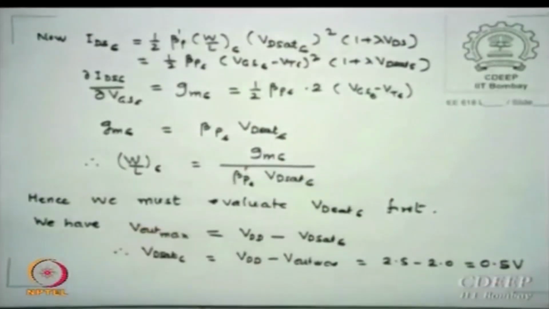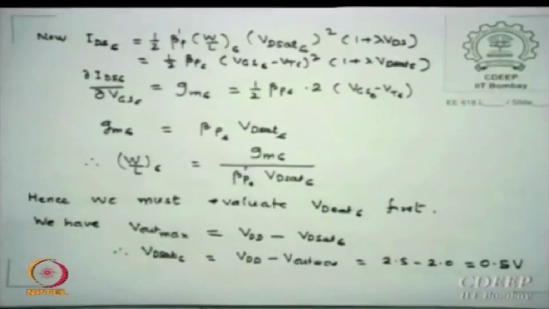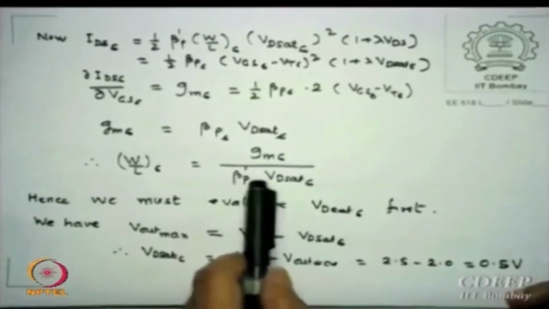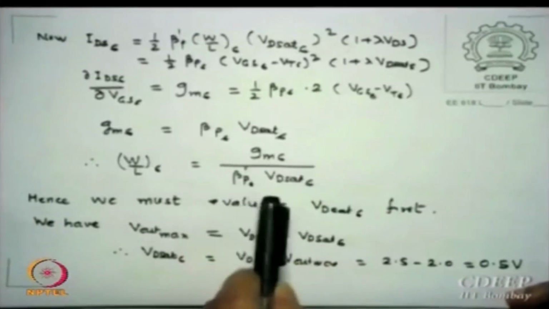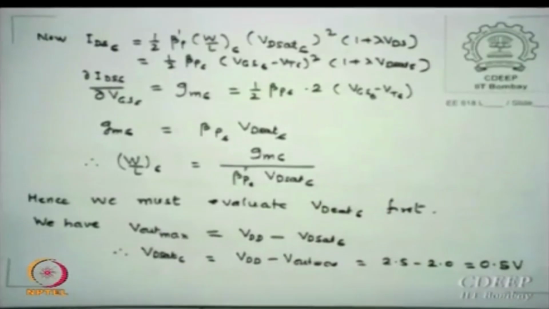So I got beta p into VD sat 6 as my GM6. Is that okay? So now I have W by L6 essentially equal to GM6 by beta p dash 6 into VD sat 6. But VD sat 6 I do not know yet. That I will now calculate. Is that okay to all?